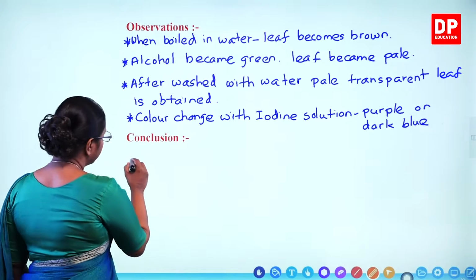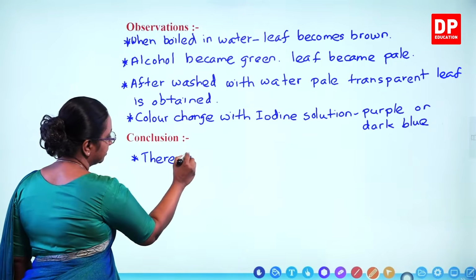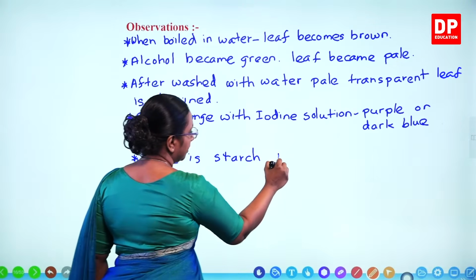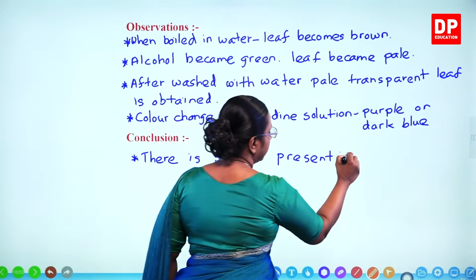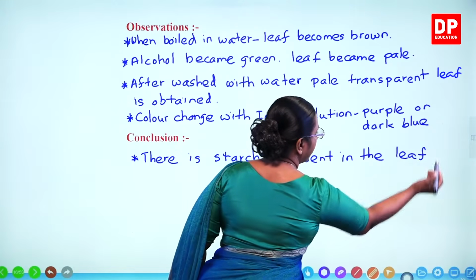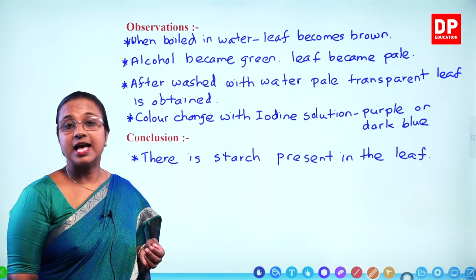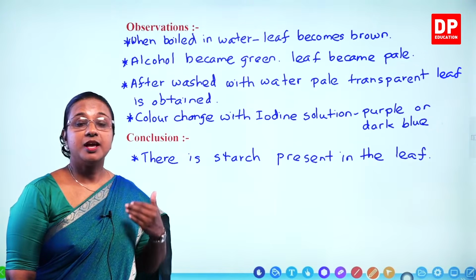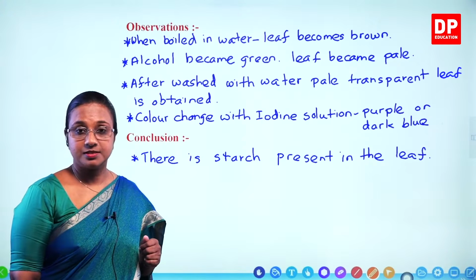So the conclusion: there is starch present in the leaf. What does that confirm? That photosynthesis has occurred, or starch has been produced during photosynthesis.